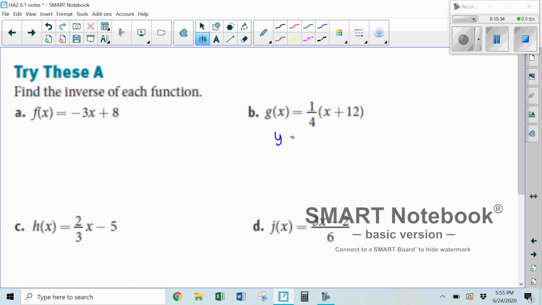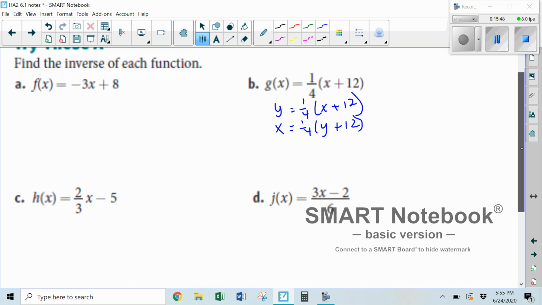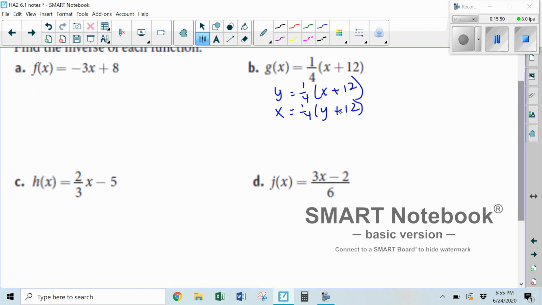Change this to a y. Next step is to flip x and y. Now we solve for y. This is the longest step. Normally we add and subtract first, but you don't want to get rid of the 12 because something's being multiplied by it. You could distribute. I would just get rid of the 1/4 by multiplying both sides by 4.